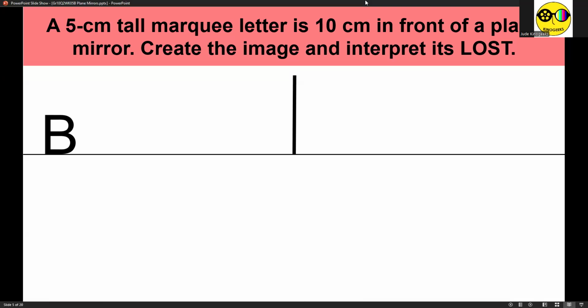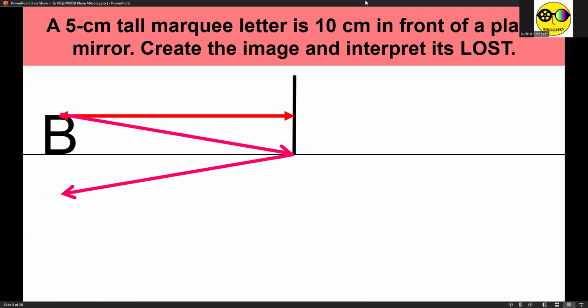The first line that we draw is a light striking the mirror as usual, horizontally, and then it is reflected back. That's why you see two arrowheads. Then next, there is another light striking from the top of the object, reaching down to the bottom of the mirror. That incident ray reflects at the bottom of the mirror at the southwest portion.